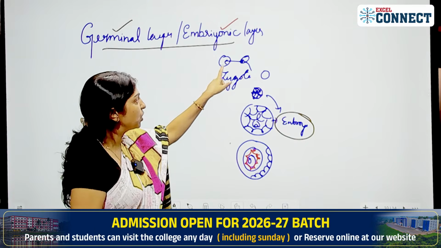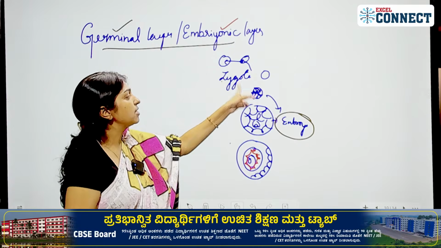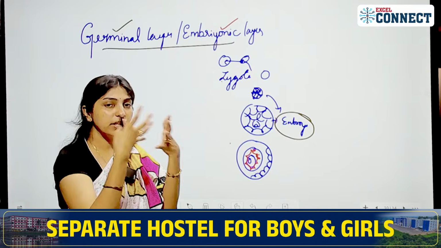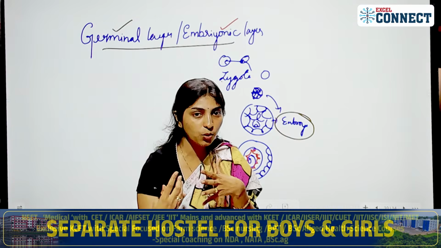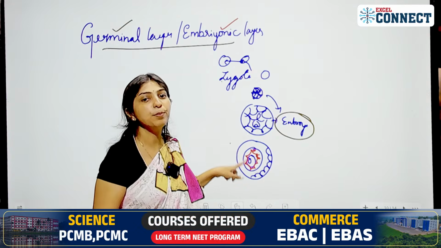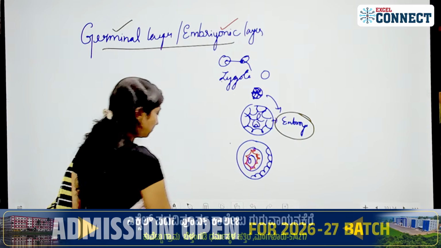After the fertilization, when the sperm and egg come in contact, it forms a zygote. Zygote undergoes division. It forms a group of cells, which has to transform into the embryo. Those cells will get rearranged into the embryonic layers, which will later form the fetus.